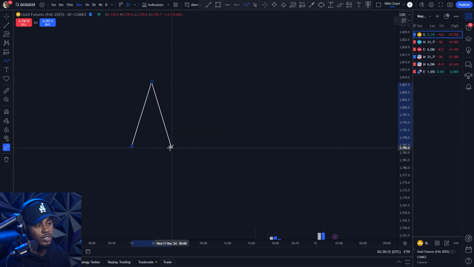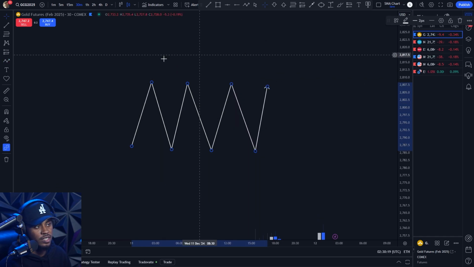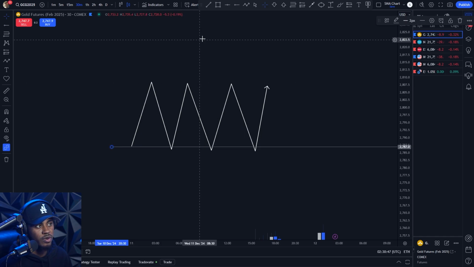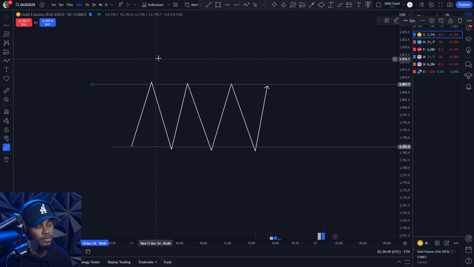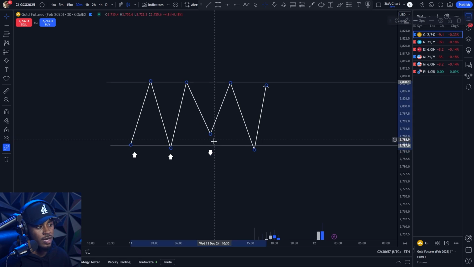Now, a range is a little bit different. A range occurs when price is going in and out from support and resistance. We're going to talk more about support and resistance later in this video, but a range occurs when price is making a series of touches at support and resistance. We have multiple touches down here. This is more accurate. Let's do it like this.